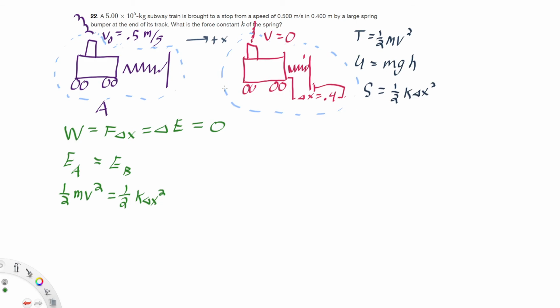And they're asking, what's the force constant of the spring? Well, okay. So solve for k. k is equal to, the halves cancel, mv squared over delta x squared.